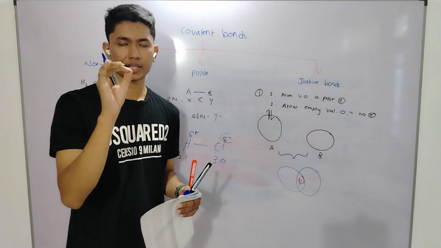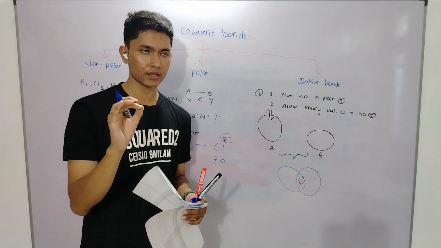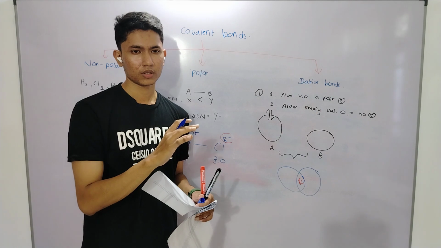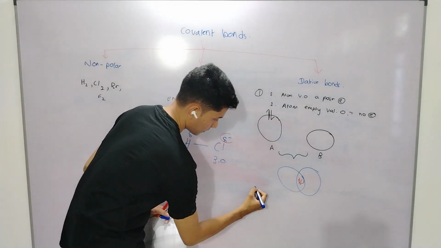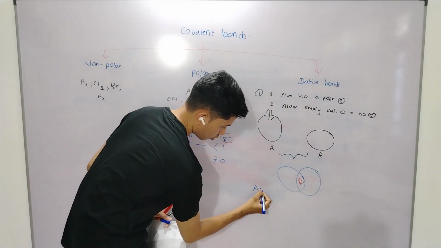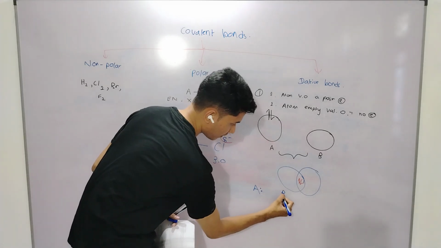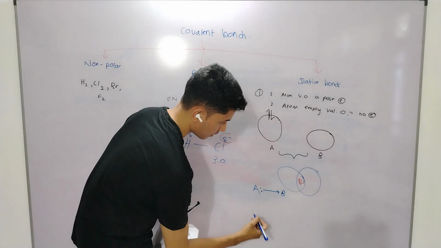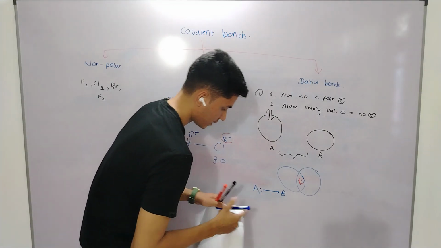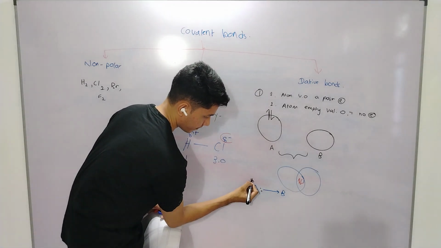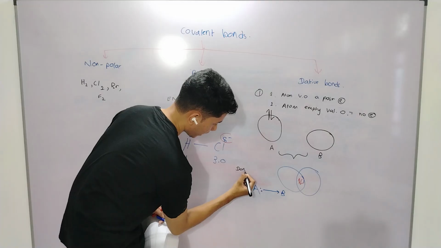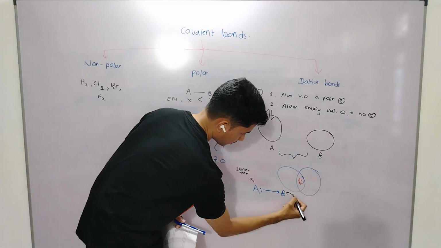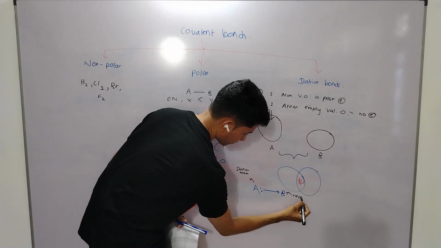The important point I want to emphasize is that this atom A has a pair of electrons, and this one has none. The pair is being donated, so this is called the donor atom. This is called the receiving atom.